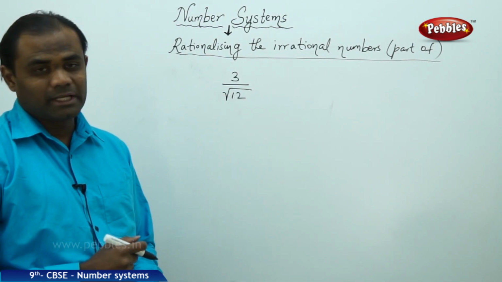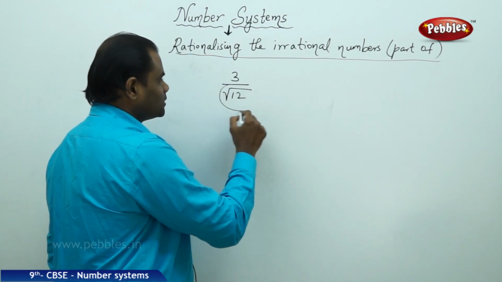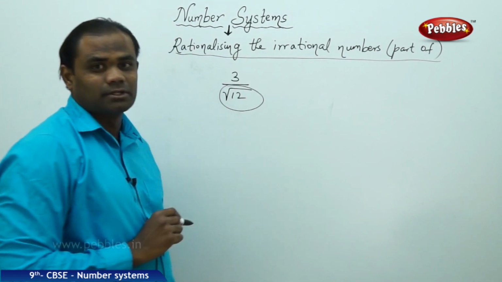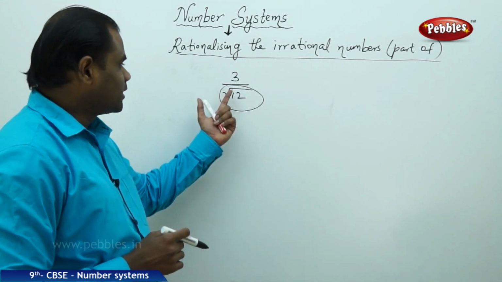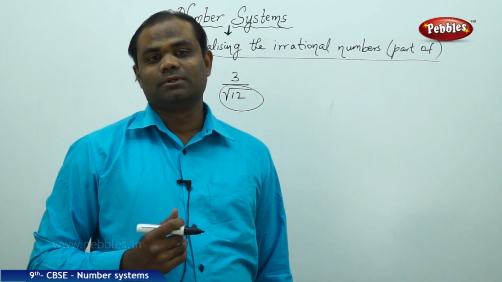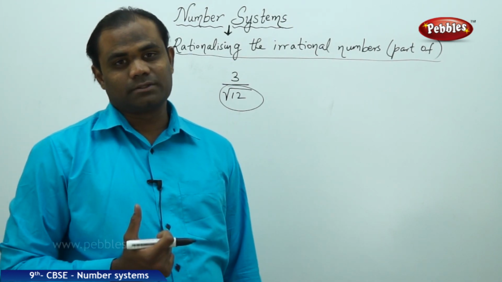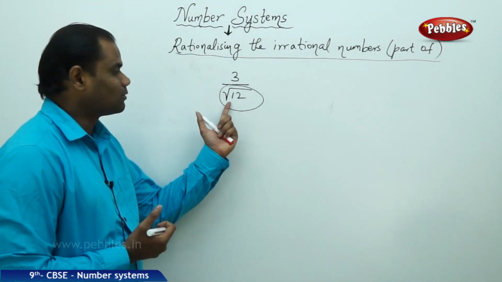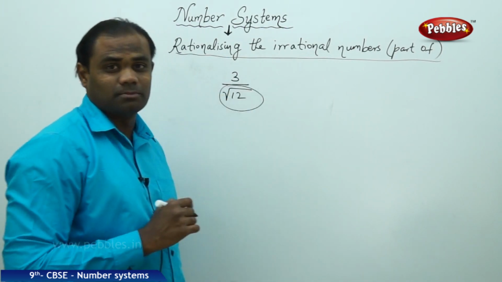And I would like to rationalize this denominator because my denominator is an irrational number which I would like to rationalize. So in order that I rationalize, I understand that its root has to be removed. Rationalizing the root is possible only when the root vanishes. Therefore, in order that root 12 has to vanish, let's try to see how this is possible.